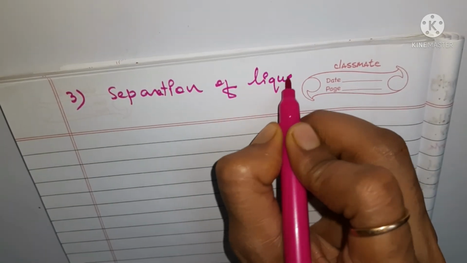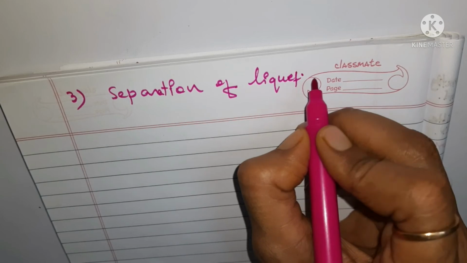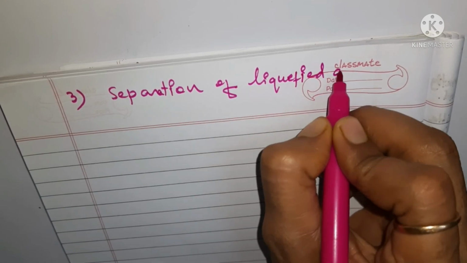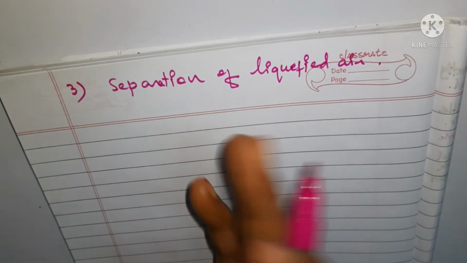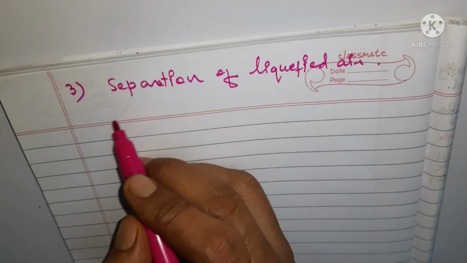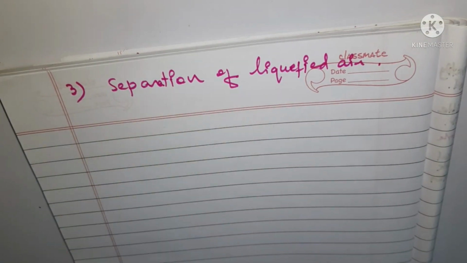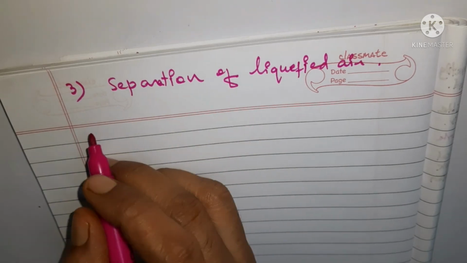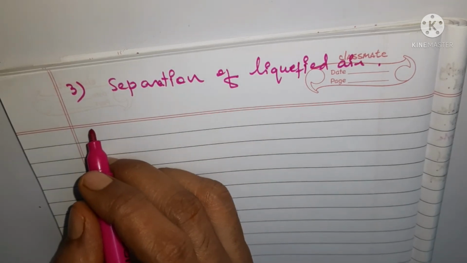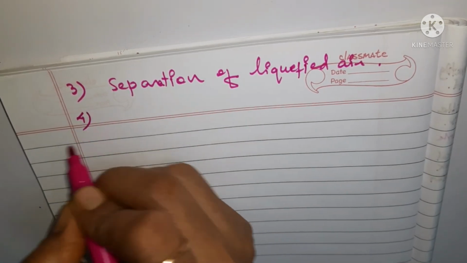If you have any liquefied air, you can separate it with fractional distillation, right? For example, the components liquid nitrogen and oxygen can be separated out by this method. Even concentrated argon can be obtained out of it.